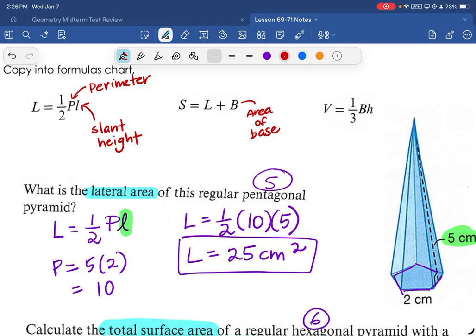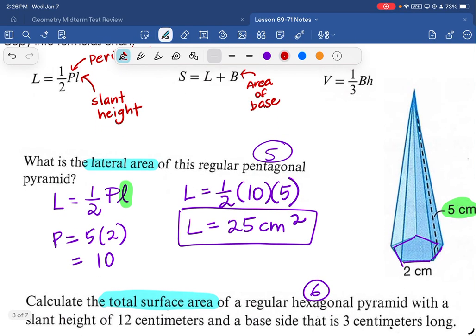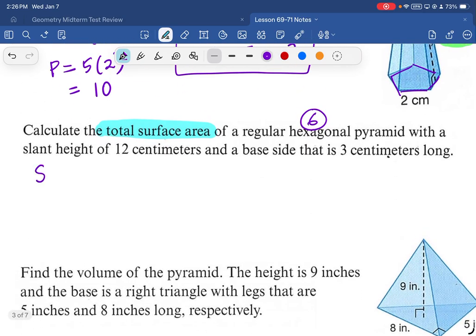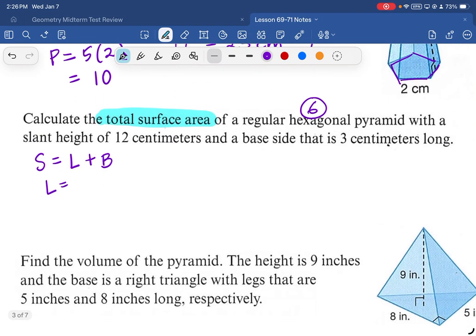That's what big B stands for. So S equals L plus B. Let me write that down. S equals L plus B, which means lateral area plus area of the base. And remember, lateral area is equal to 1/2 perimeter slant height.